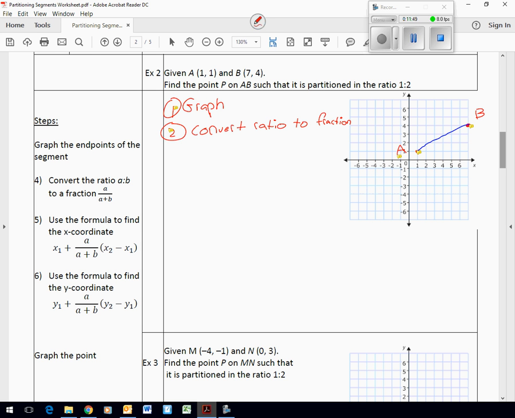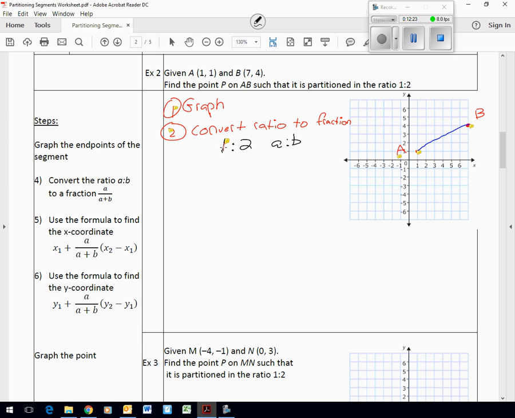The word "to" isn't the number 2, okay? 1 to 2, right? I've got 1, 2, and that's written like this, A to B.